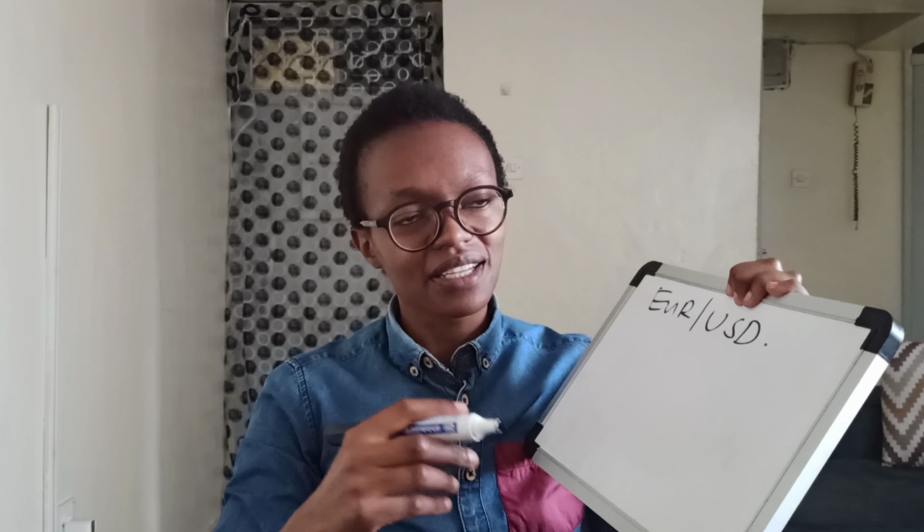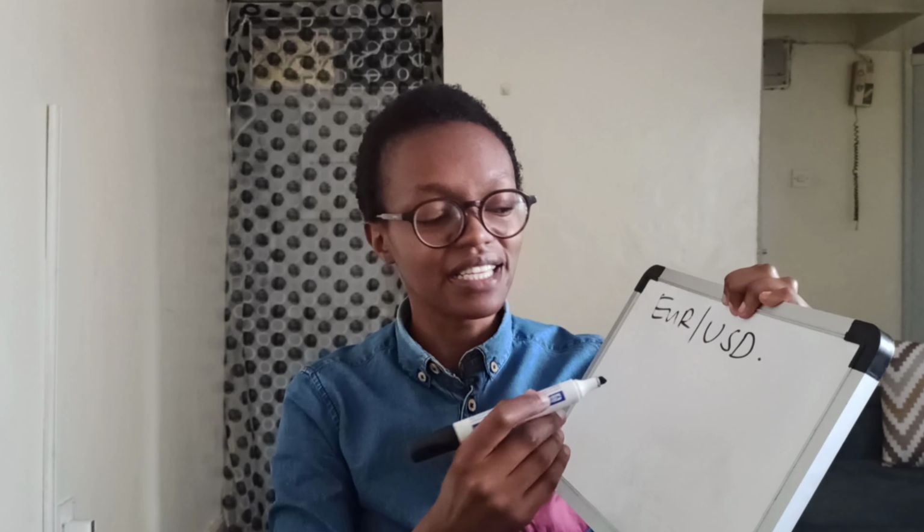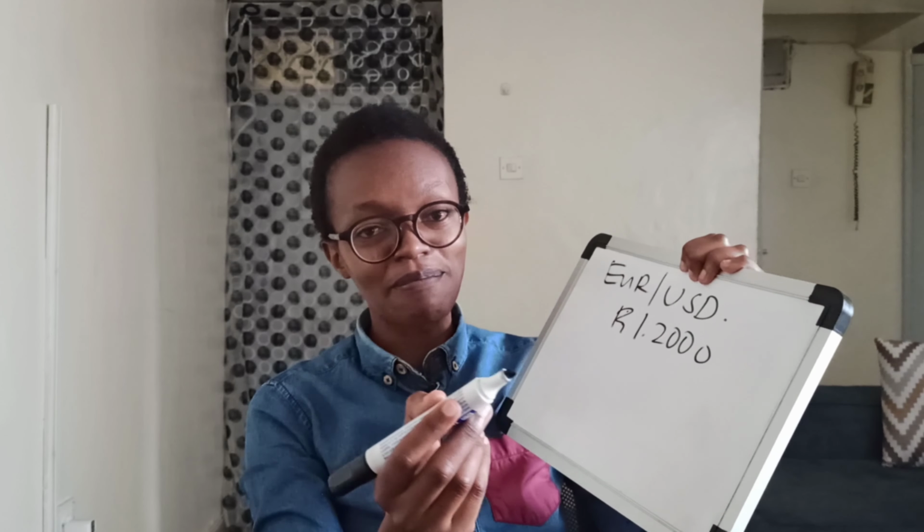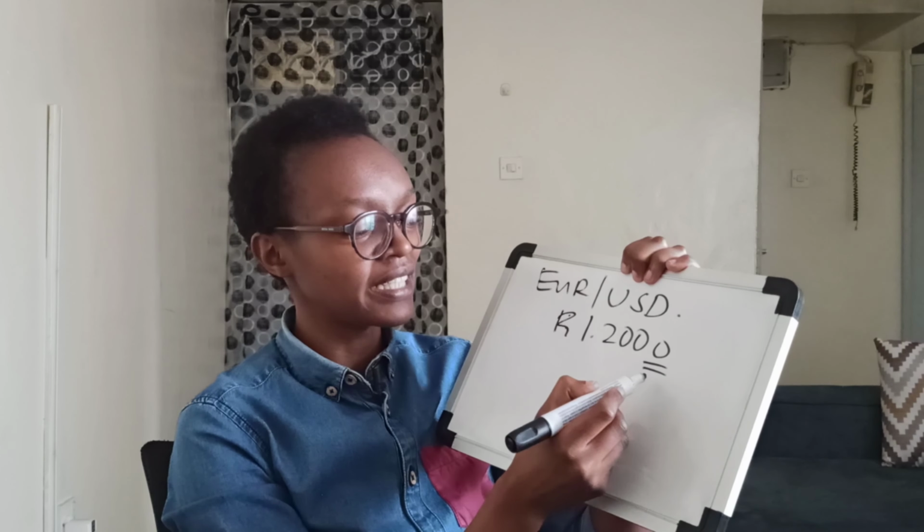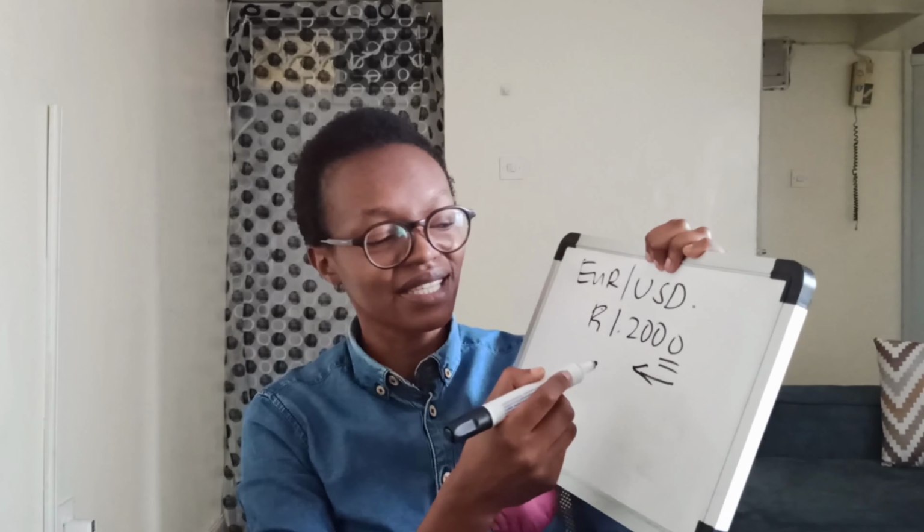Let's take an example with euro dollar. Let's say the current price that this pair is trading at is 1.2000. A pip will be represented in the 4th decimal place, moving towards the left.